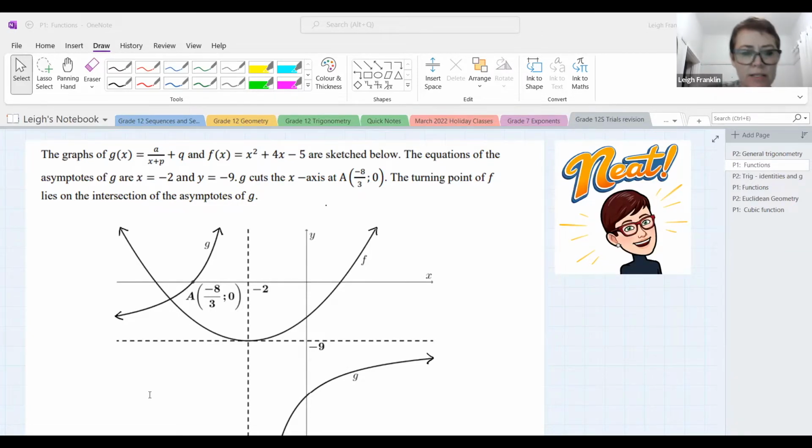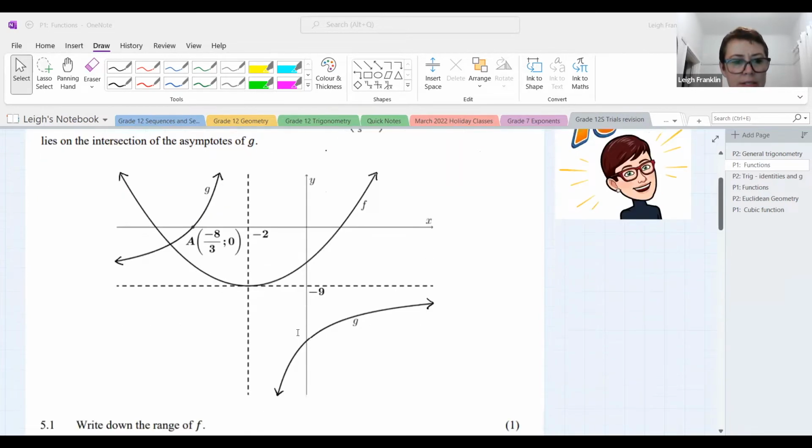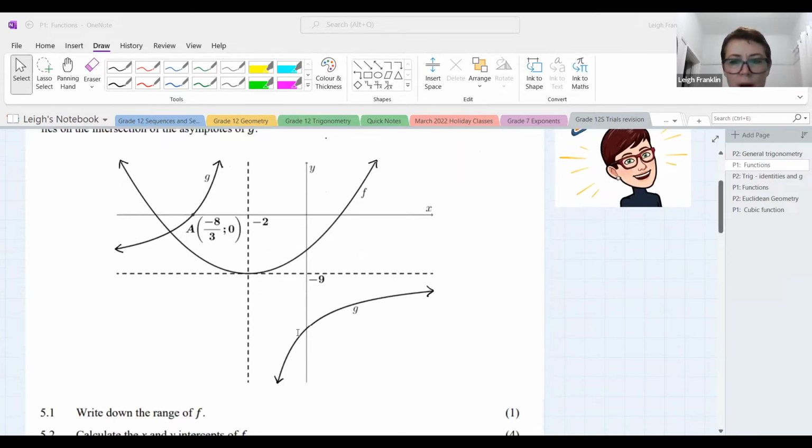So g cuts the x-axis at point A, which is (-8/3; 0), and the turning point of f lies on the intersection of the asymptotes of g. Okay, so having a look at the diagram, that's exactly what they've described to us. Let's get started on the questions.